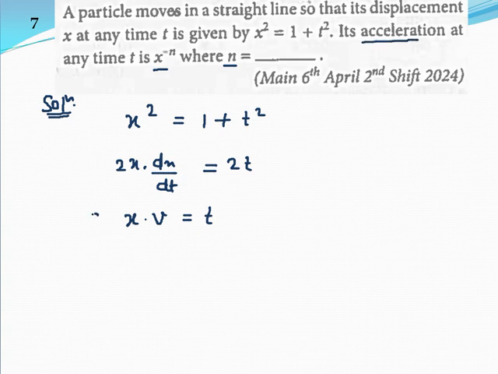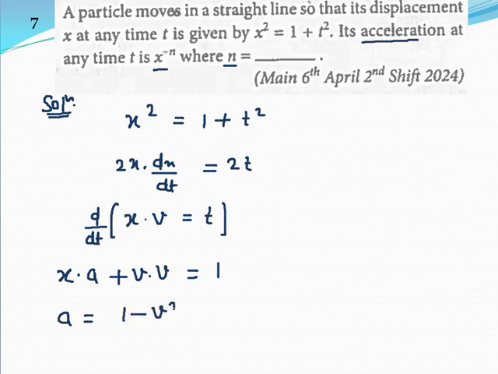Applying the u into v formula for the differentiation, keeping x aside, dv by dt, keeping v aside, dx by dt, one more v is equal to 1. Now the acceleration a we get here is 1 minus v square upon x.